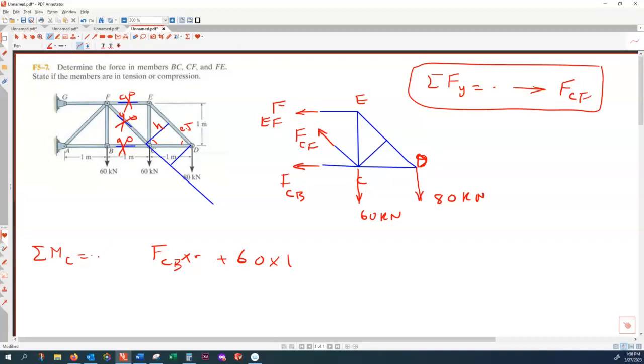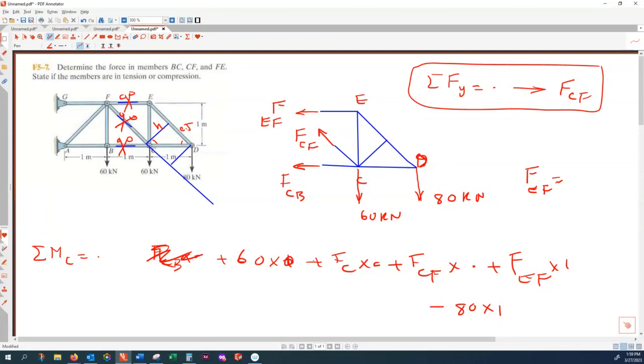This is B, this is not C. So rotation about C, that is 60 times 0, and then plus FCB times 0 plus FCF times 0, and then FEF, that makes a positive rotation, plus FEF times arm of rotation is 1, and then minus 80 times 1. So therefore, FEF is equal to 80.